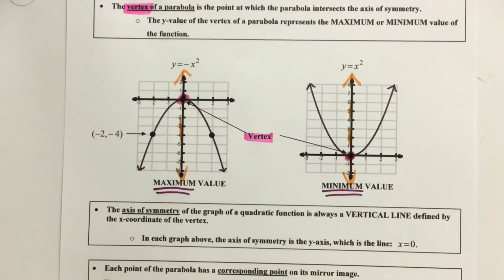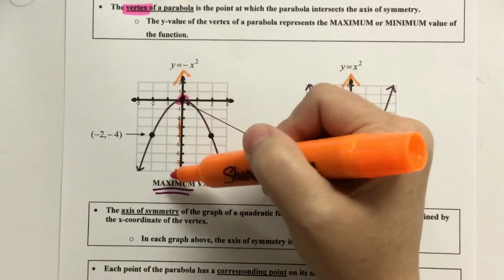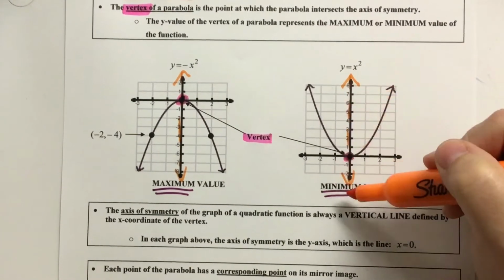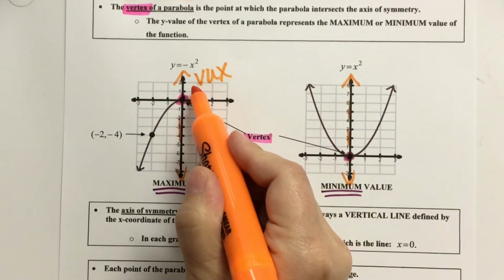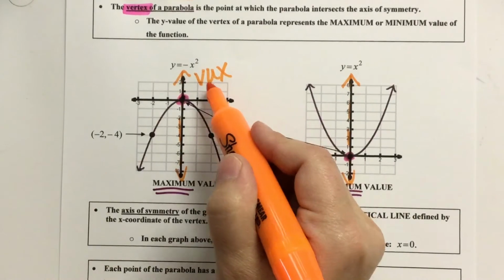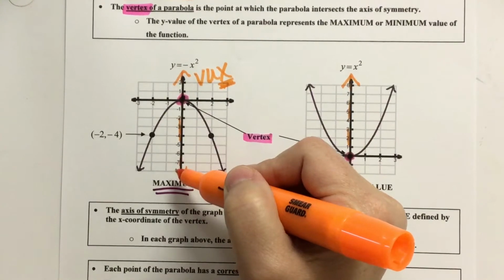Okay, so one thing I wanted to go back and say about these axis of symmetries. These axis of symmetries that split your parabola in half, those are all called vuxes. They're vertical lines with undefined slope, and that means they would have the letter x equals for their equation.